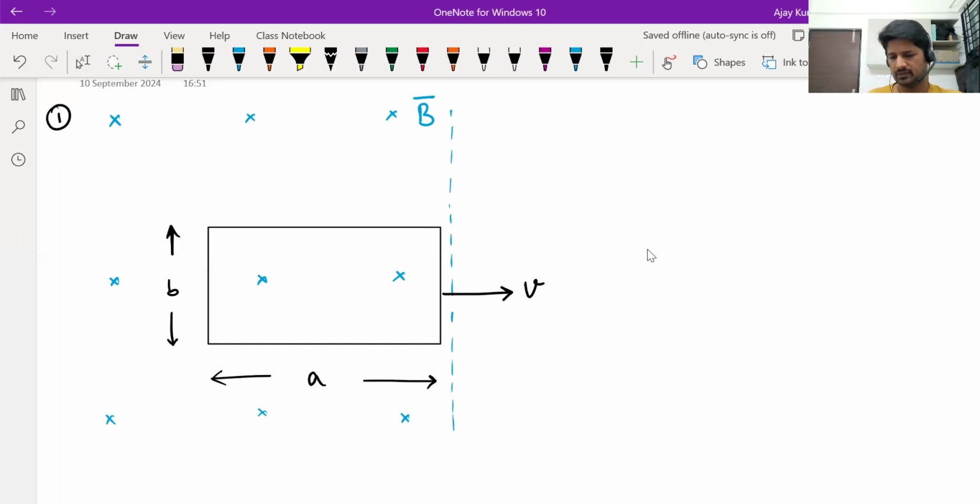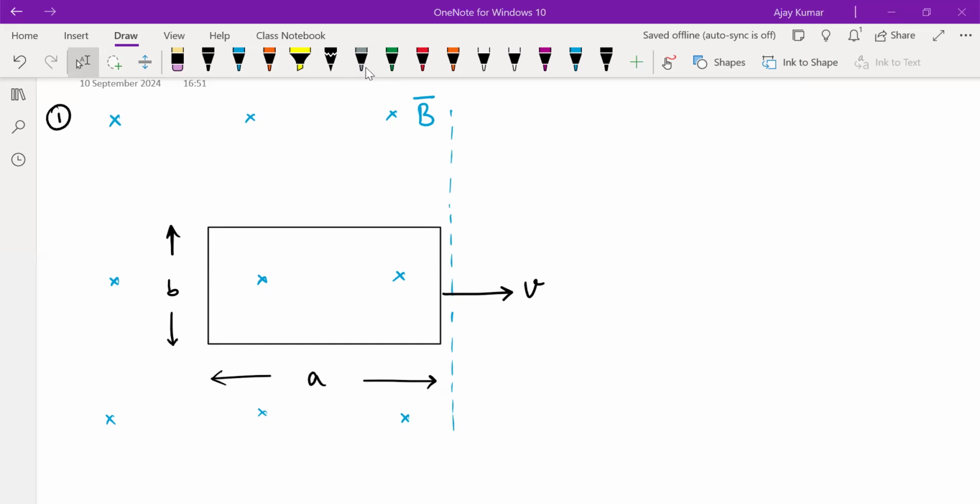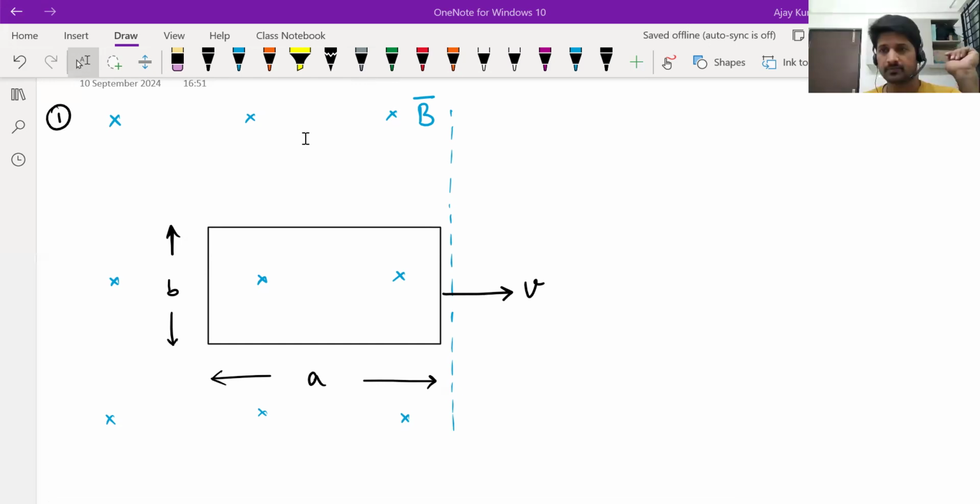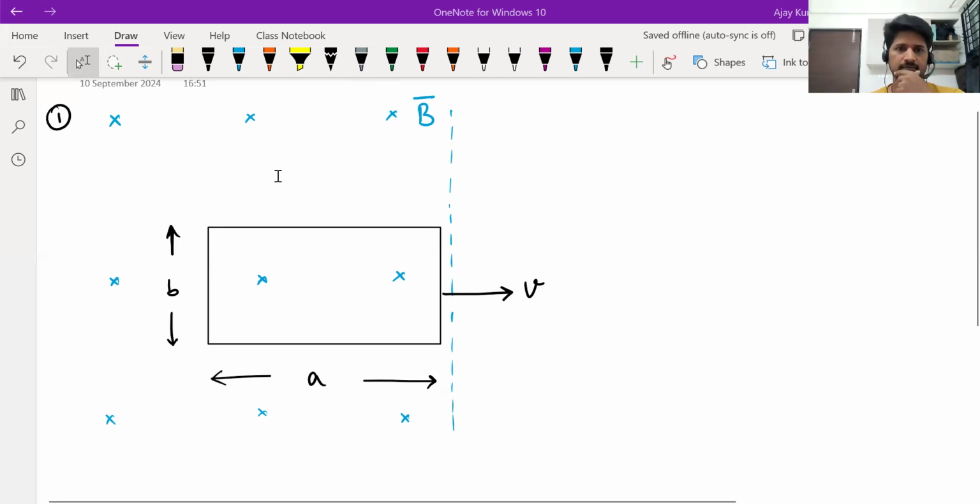So, one of you tell me, what happens to the magnetic flux through this loop as it moves to the right?